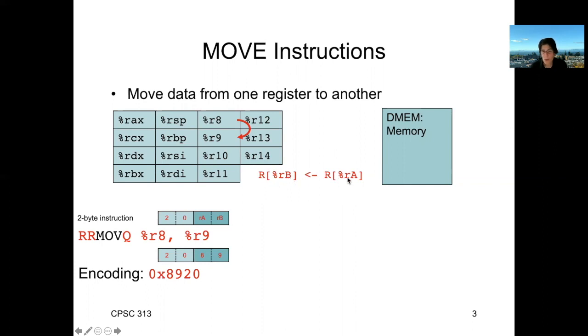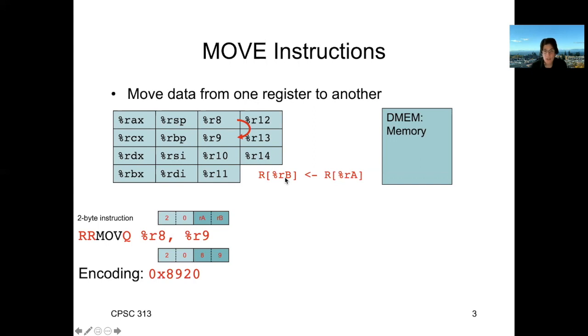And what we'll do is we'll take register RA, and RA is the number of the register, and so that's going to tell us which entry of the register file we want. And we'll take the value in that entry and we'll put it into the place in the register file referenced by RB. Now you might be asking, where do RA and RB come from?